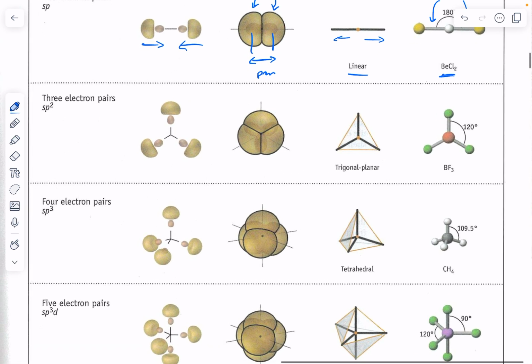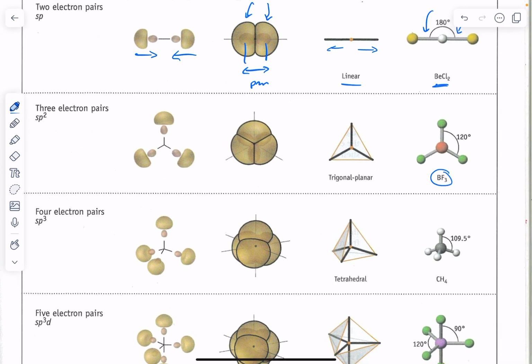Now, if we talk about boron trifluoride, boron is element number 5. So in the second row, it has 3 valence electrons, which will be put as far away from each other as we can. And we would say 2 of them are an S, and 1 of them is a P, but we don't distinguish between the S and the P. We're going to call them all by the same name.